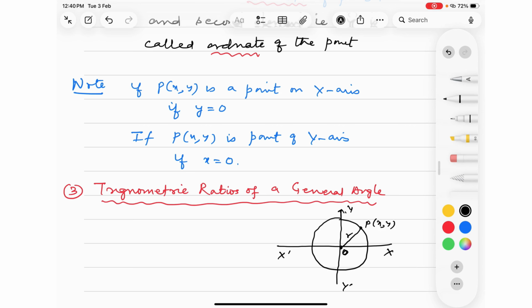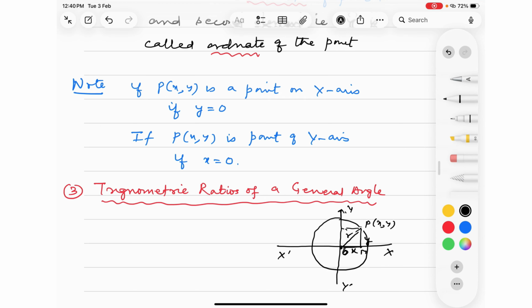Let us take P(x, y) as any point on the circle. Just now I told you that this PM distance will be y, and OM distance, the distance of this point P from the y-axis, will be x. This is your x, this is your y.